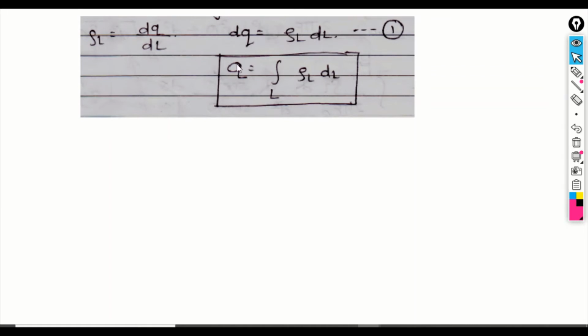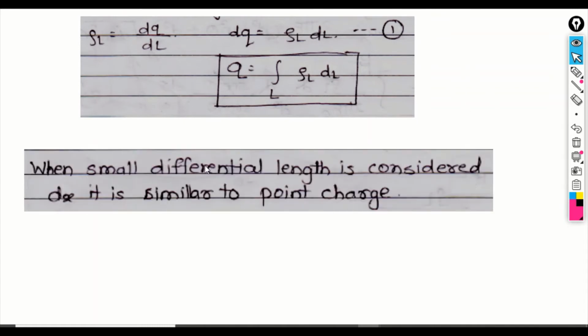So if I want to calculate the total charge on the line, I have to do the line integration. So Q will be equal to the line integration of rho l dl, that is, integrating the total charges along the given line.